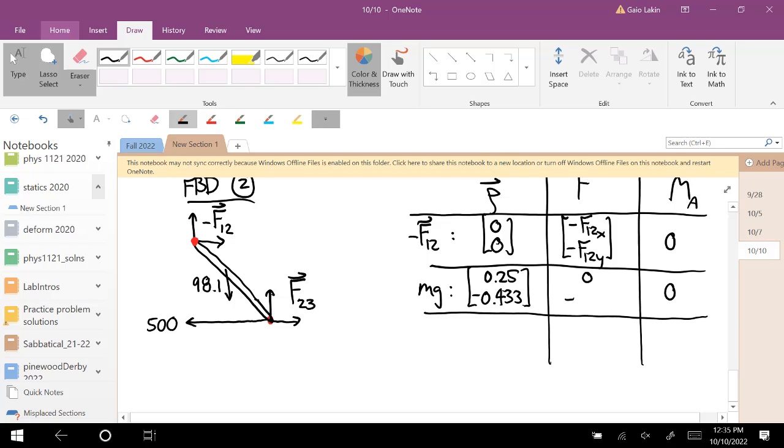The force vector is 0, negative 98.1. And so the cross product is negative 24.715. Is that right? .525.